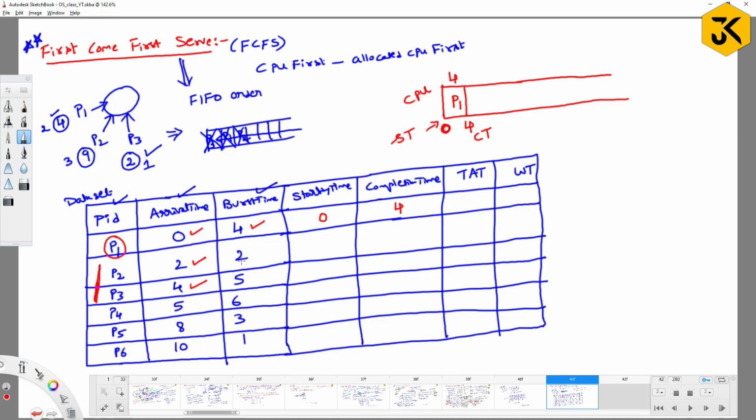Now the CPU scheduling algorithm we are following is the FCFS algorithm.